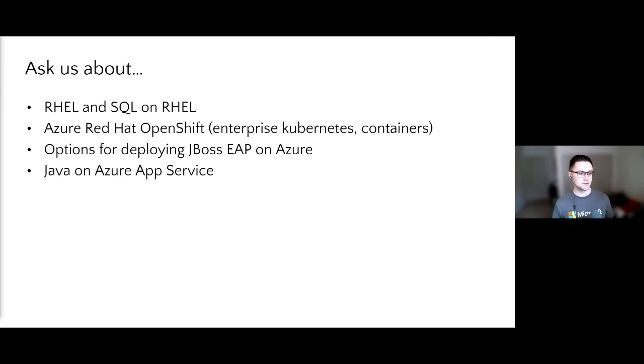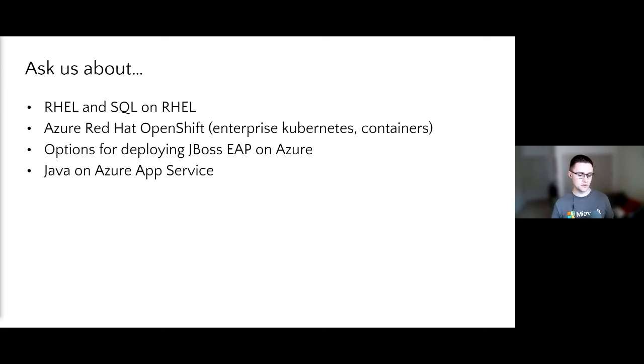So we have built-in support for popular programming languages like .NET, Node, Python, and also Java. And so we have support for running Java SE applications. So if you're using something like Spring Boot or anything that compiles to a jar application and runs maybe with an embedded servlet, you can deploy that right onto App Service.